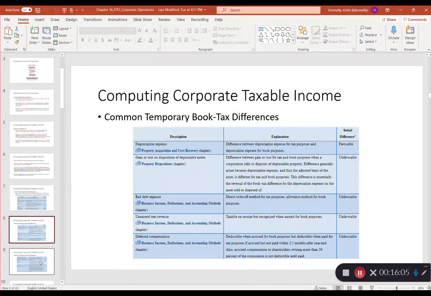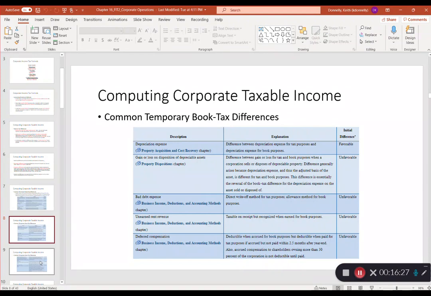If you have on your tax return fully depreciated this in year one, that's going to change your adjusted basis, right? It's now going to be $0. In distinction on your books, because maybe you've only depreciated it by $100, your basis on your books is going to be $900 using that previous example.